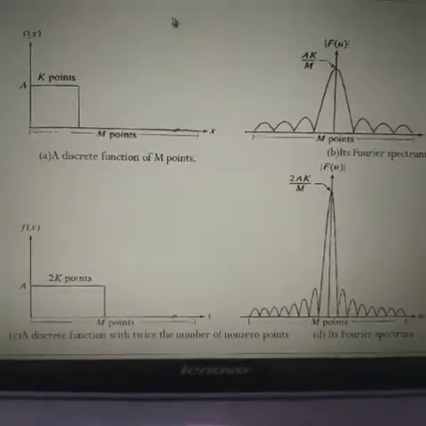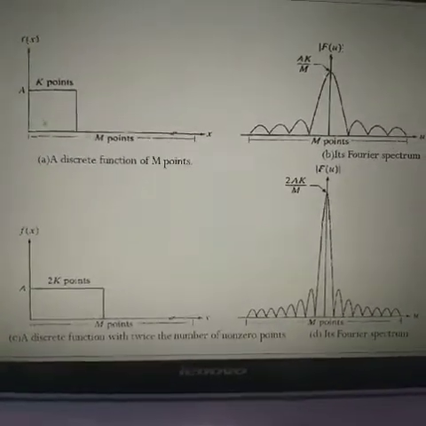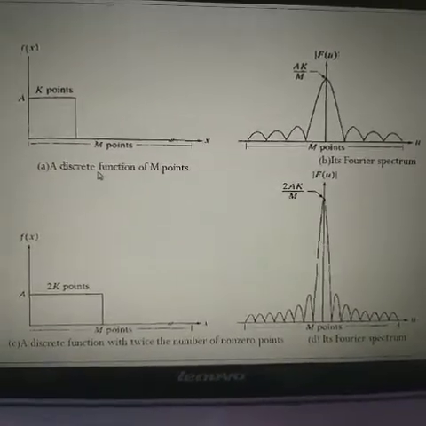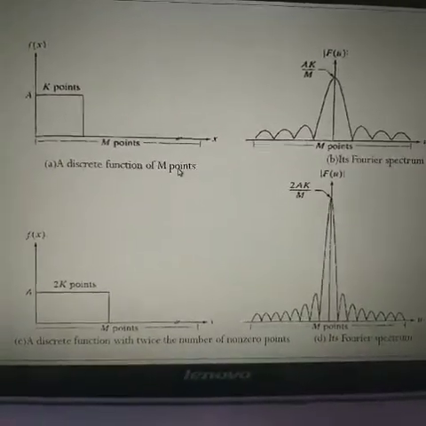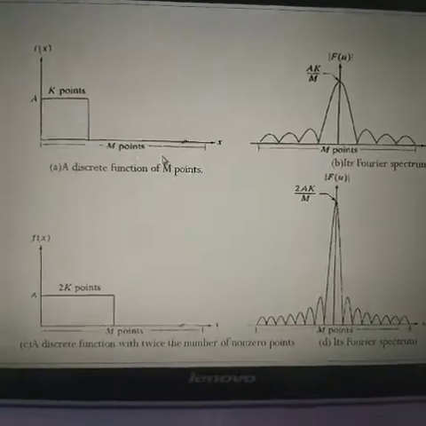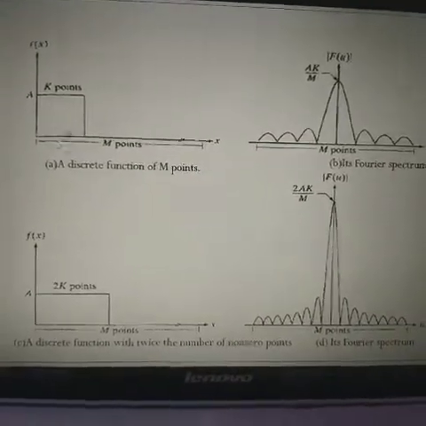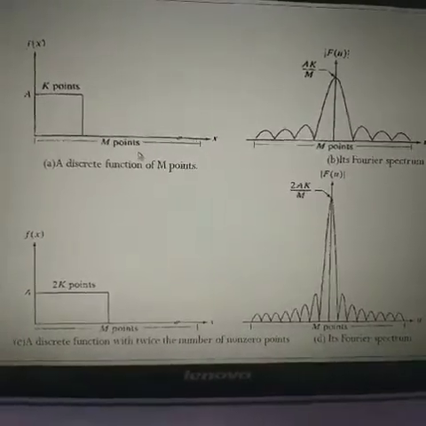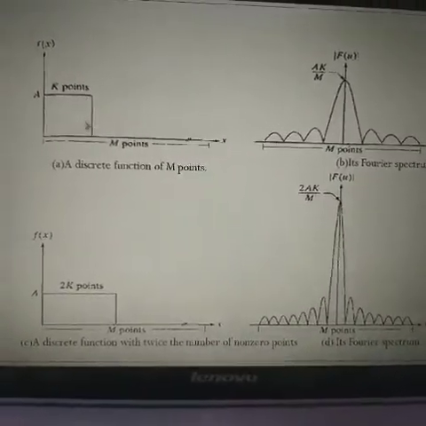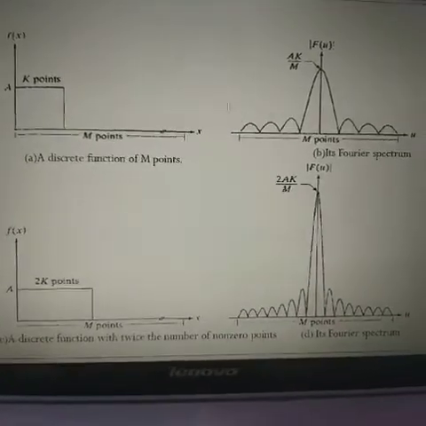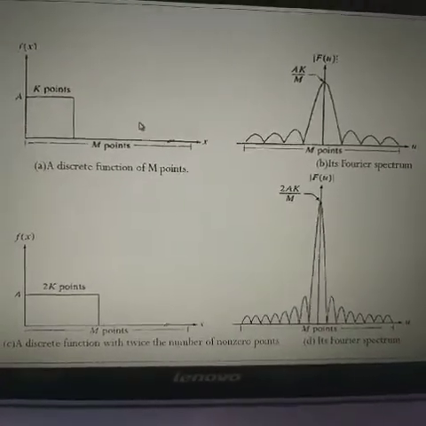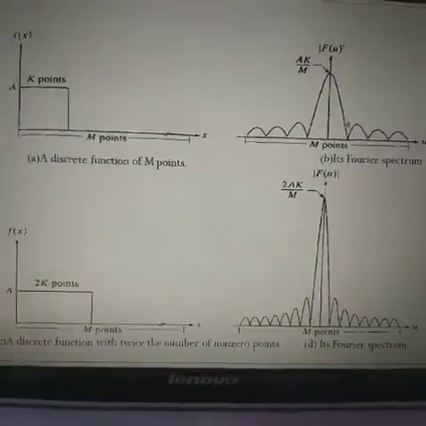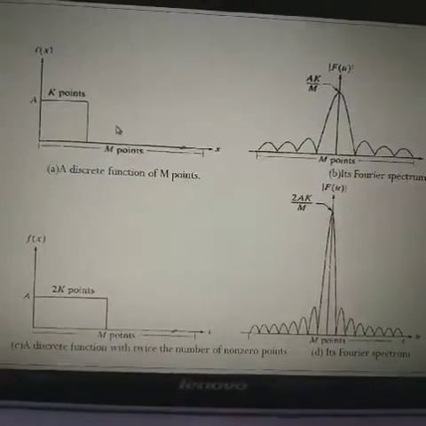Here we have a single variable with m points given, and k points given, which represent a discrete function for m points. We have the different points 0 to m minus 1, the different values of x and the values of u. This is the spatial domain and we want to convert it into the frequency domain. So we get the frequency domain like this.